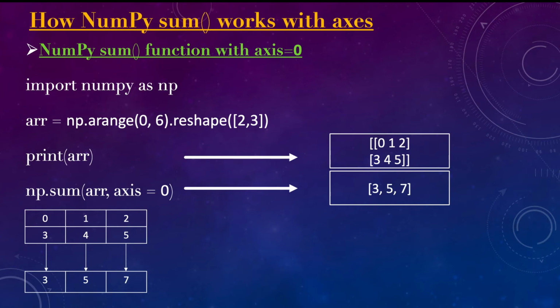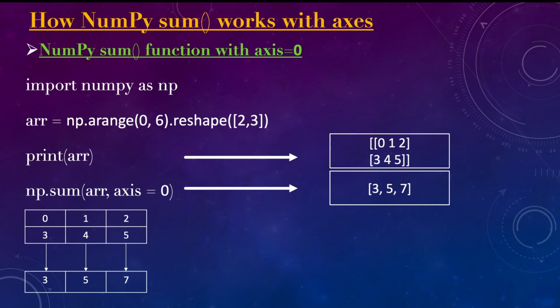The axis parameter explains which axis gets collapsed. So when we set axis equal to 0, the NumPy sum function collapses the rows and then calculates the sum. We are not actually summing across the rows. We are aggregating the data in such a manner that collapses the rows.